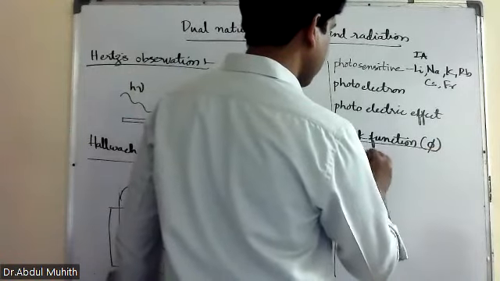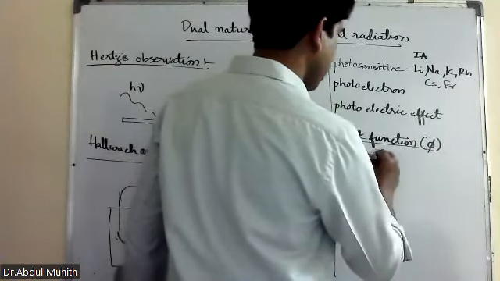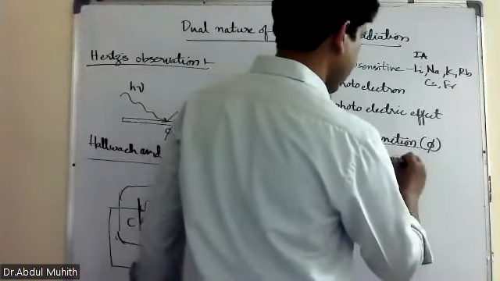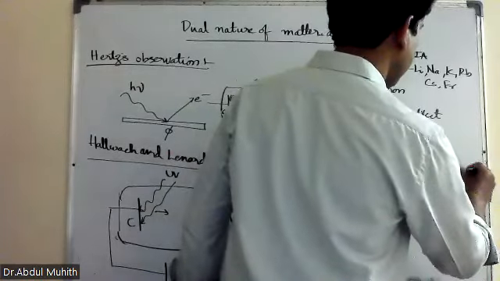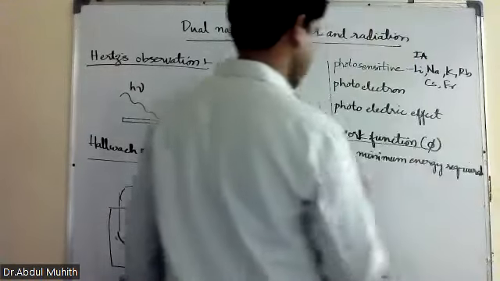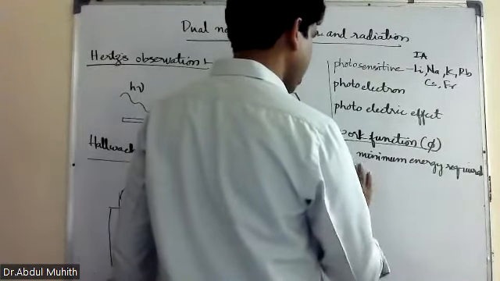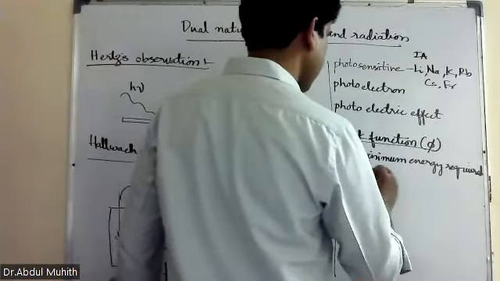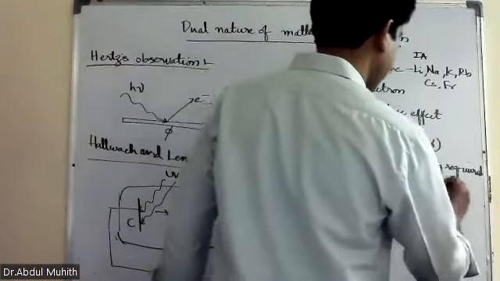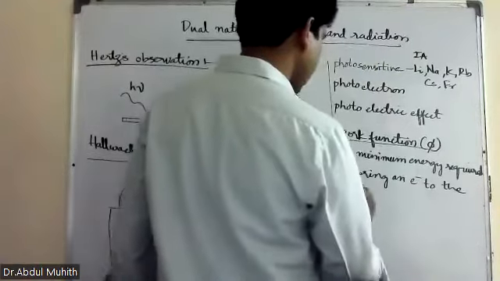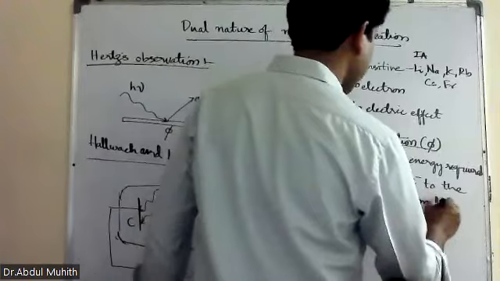The minimum energy required to bring an electron to the surface of the metal is known as work function.